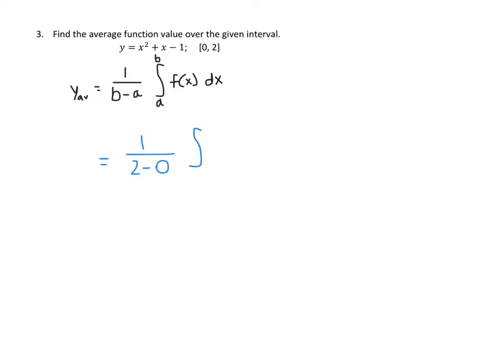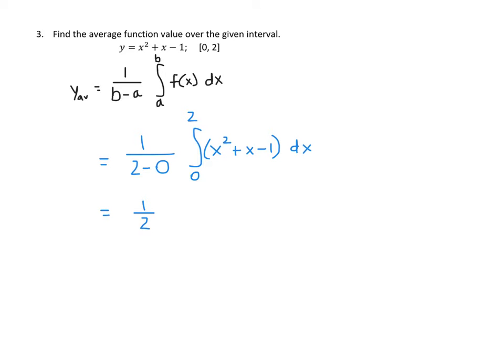Then we integrate from 0 to 2. Our function looks like x squared plus x minus 1 dx. So our average value is going to look like 1/2, and then we need to find the antiderivative of our function.